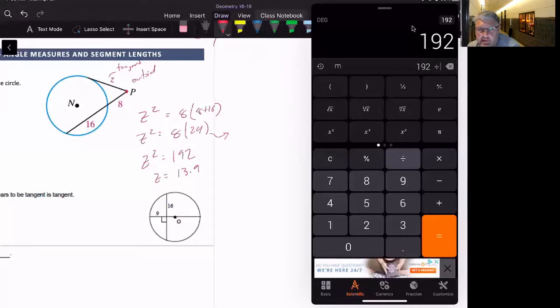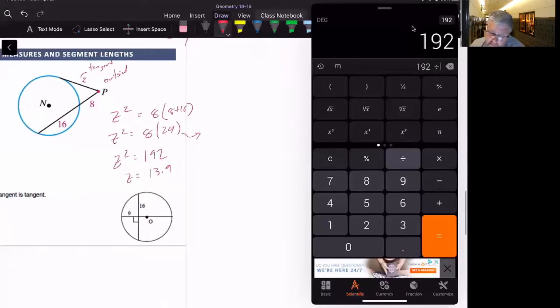If you break this apart, 8 was 4 times 2, 24 is 6 times 4. So I know I'm probably going to have a 16 in here. 192 divided by 16 is 12. So 16 and 12 would give me 4 square root of 12.